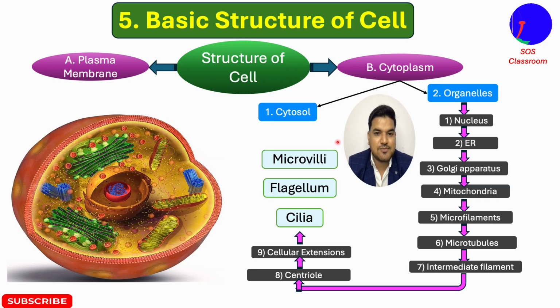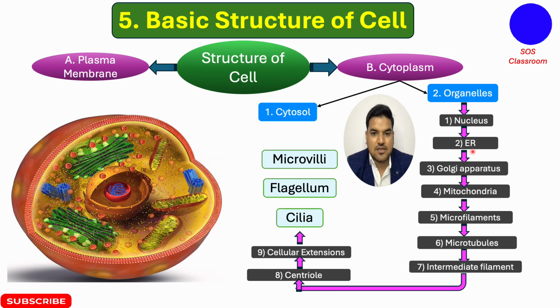So what are the organelles present in the cytoplasm? The cytoplasm is divided into two parts: the cytosol and the organelles. Cytosol is a gel-like fluid present in the cell. Organelles means little organs or small organs.